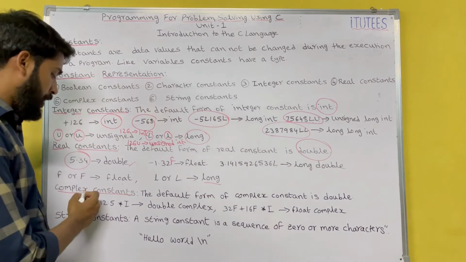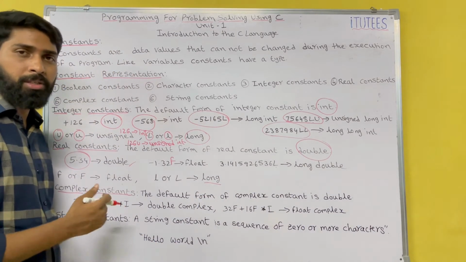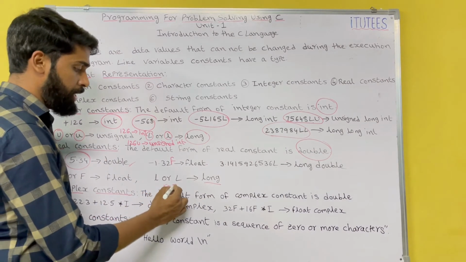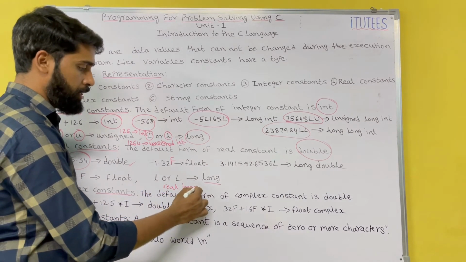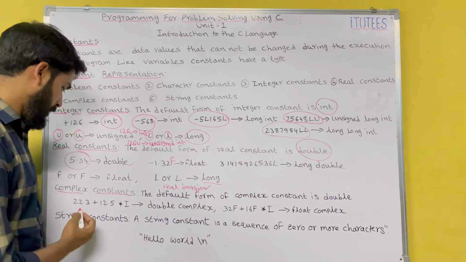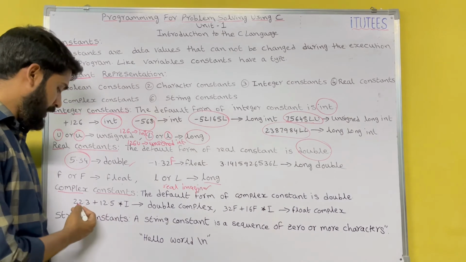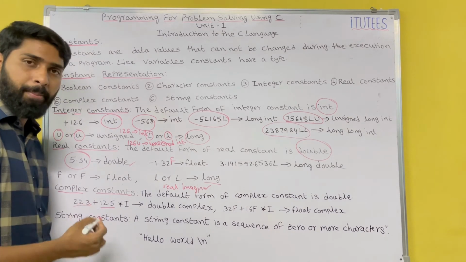So next one is complex constant. The complex constant is nothing but it has two parts, real and imaginary. So 22.3 plus 12.5: this is the real part, and this is the imaginary part.